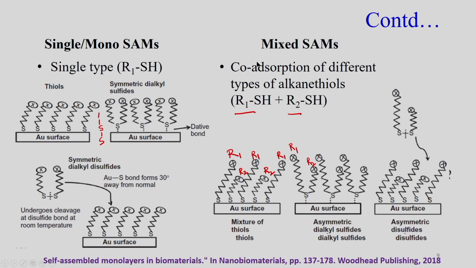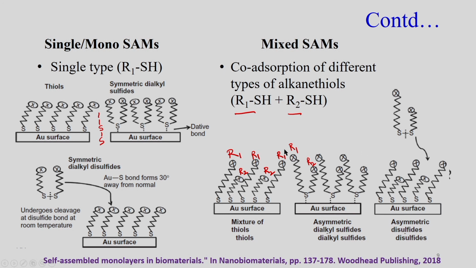So, in this way we mix two different surface modifying agents which have different terminal groups, and they are applied for the formation of self assembled monolayers to form the mixed SAM.